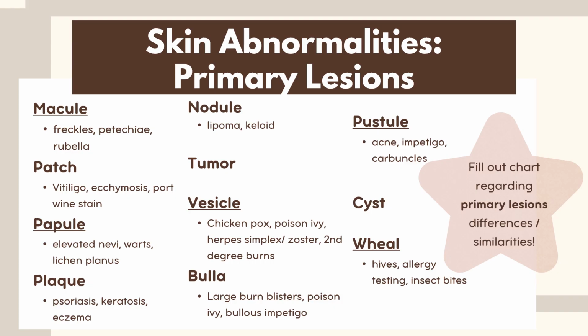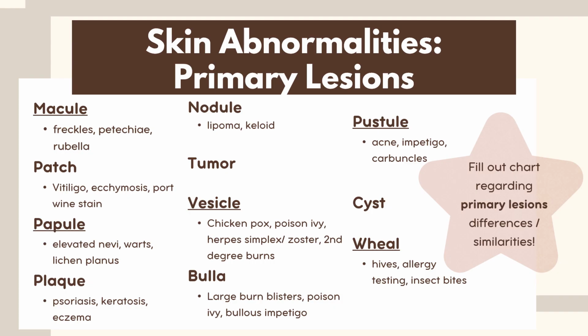This is going to be similar to a nodule, so elevated, solid, palpable mass that extends deeper into the dermis than the papule, but it's going to be greater than 1 to 2 centimeters. So tumors are going to be larger than a nodule, and they do not have sharp borders. So it can be irregular. That's lymphoma or sarcoma.